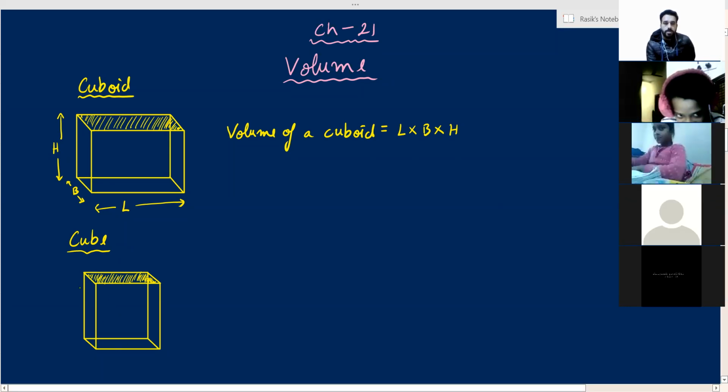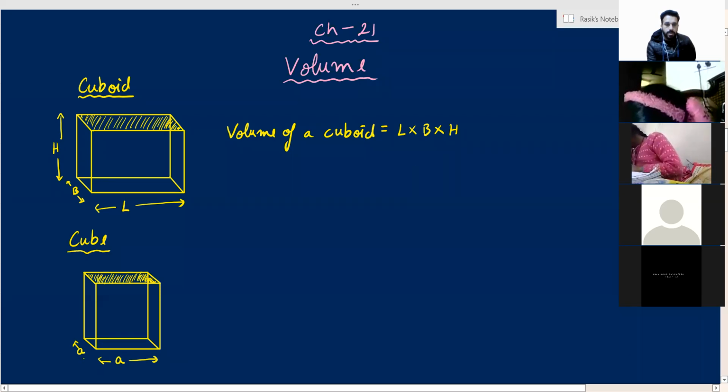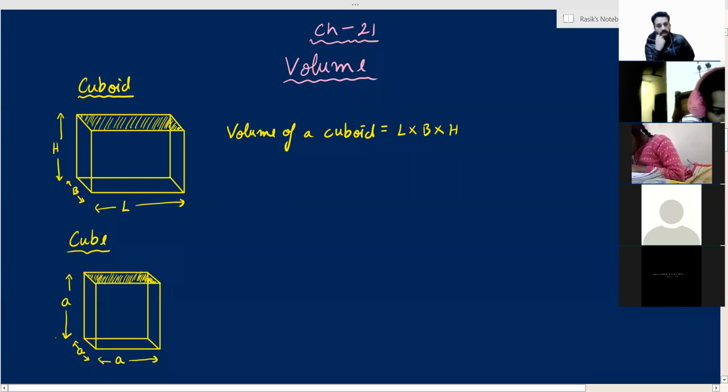So all the sides of the cube are of the same length. So if we say the length is A, then all the sides are the same length. Okay. This is A, this is also A, height is also A. Length is also A, breadth is also A, and height is also A. That means all the three dimensions are equal.